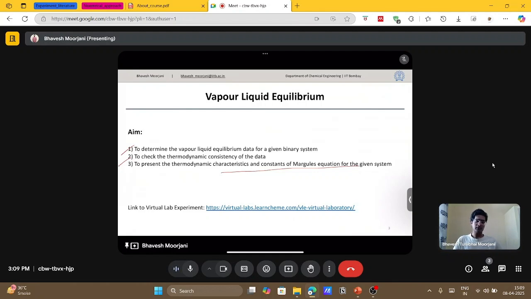The idea of distillation relies on vapor liquid equilibrium. So if you want to understand distillation, you must begin with the vapor liquid equilibrium theory in your mass transfer, and then move forward with the distillation concept.